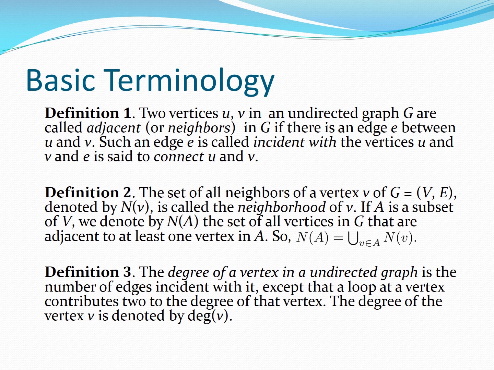All right. So what's the second definition here? When you have a graph, you have a set of vertices that come with the graph, right?